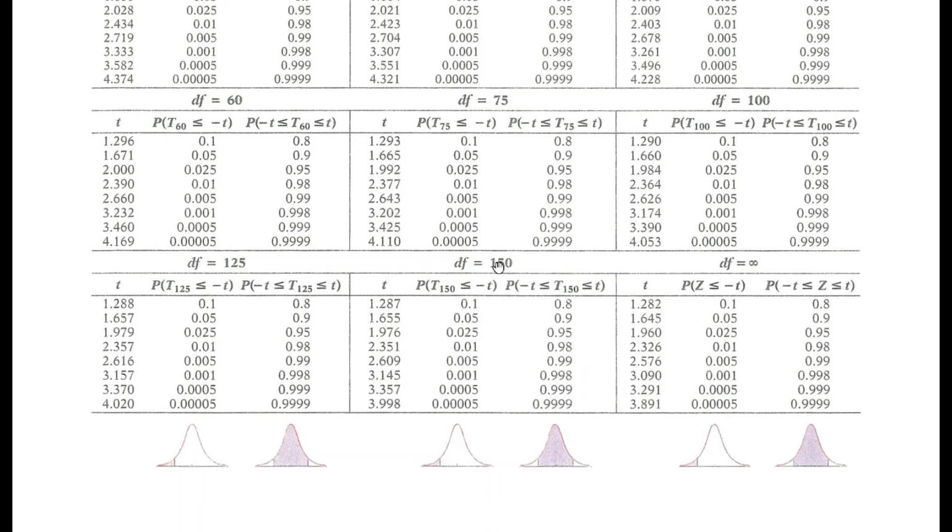If you have a lot of data and not a very large model, for example, you have more than 300 degrees of freedom, you can use this degree of freedom equals infinity. This part of the table is actually the normal part of the table, because when the student's t-distribution has infinite degrees of freedom, then it corresponds to the normal distribution.